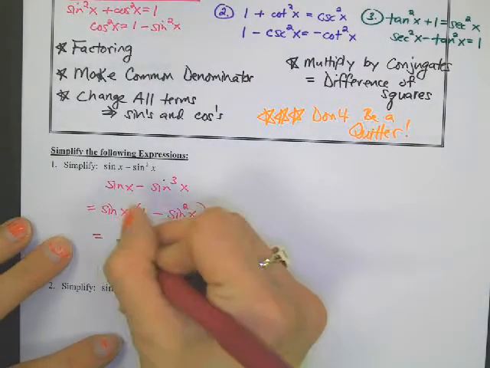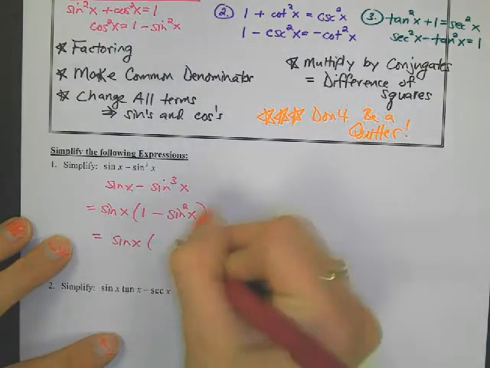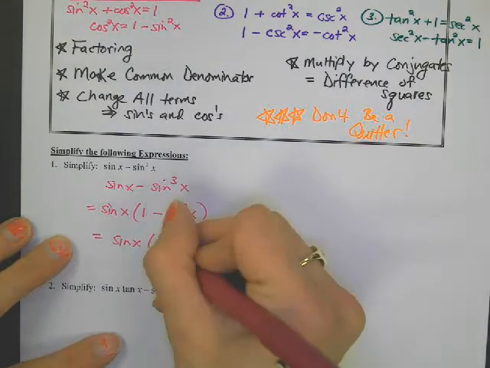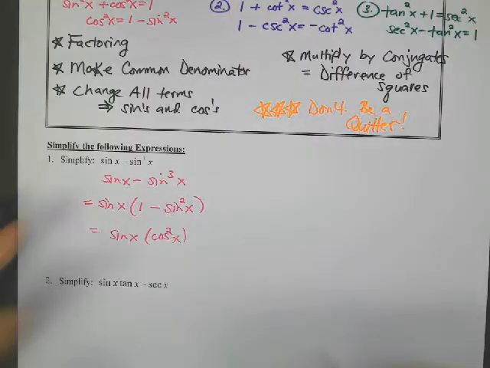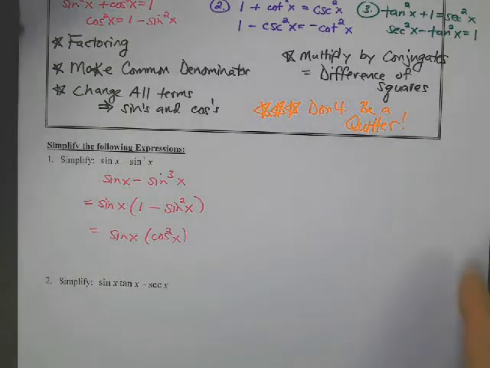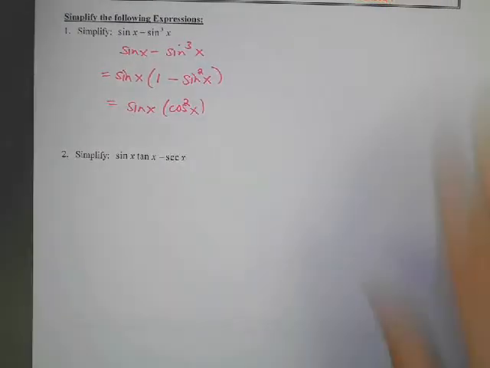Let's do that then. So is having two terms more simple, or is having one term more simple? One term is obviously more simple, and that means we are done. Being done is hard to tell sometimes, so I'll try to walk you through that a little bit.